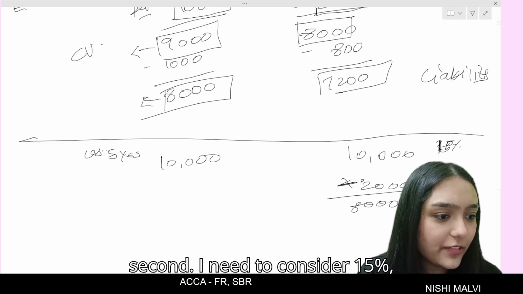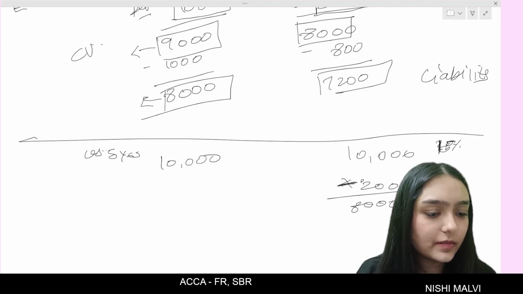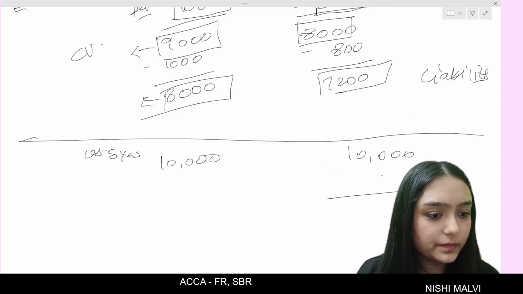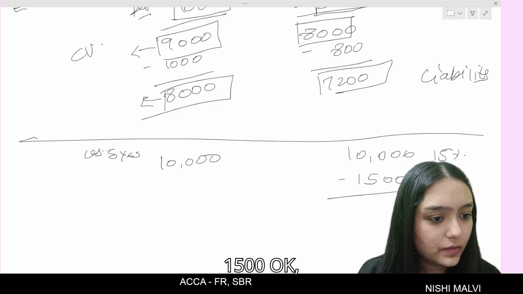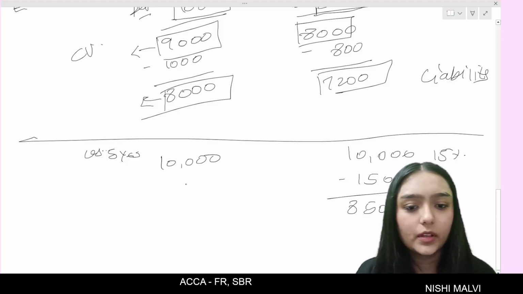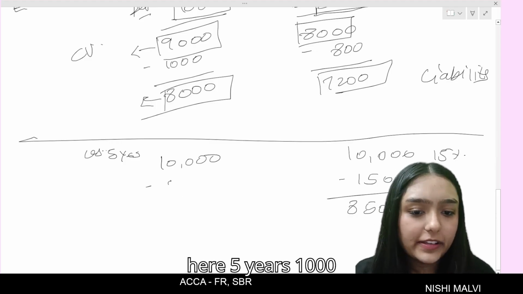I need to consider 15%. 15%. 1,500. Okay, 8,500. Here 5 years 1,000.